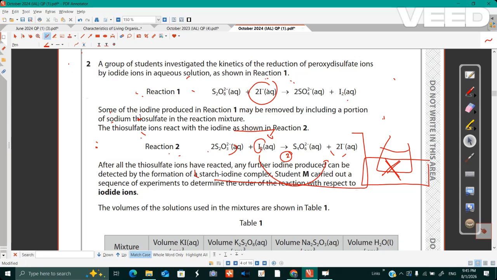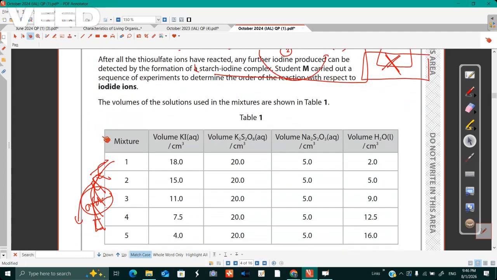That is why we assume that when the blue color is formed, even though the I minus concentration has gone down a bit, the initial concentration of I minus stays the same. Otherwise, without that assumption, we can't do this experiment.